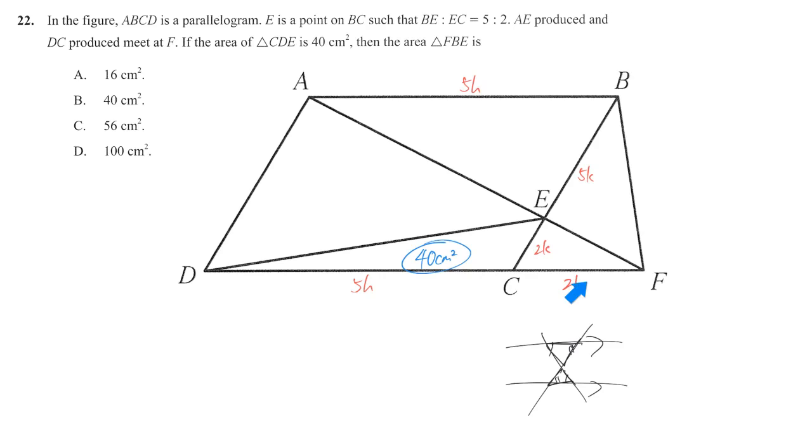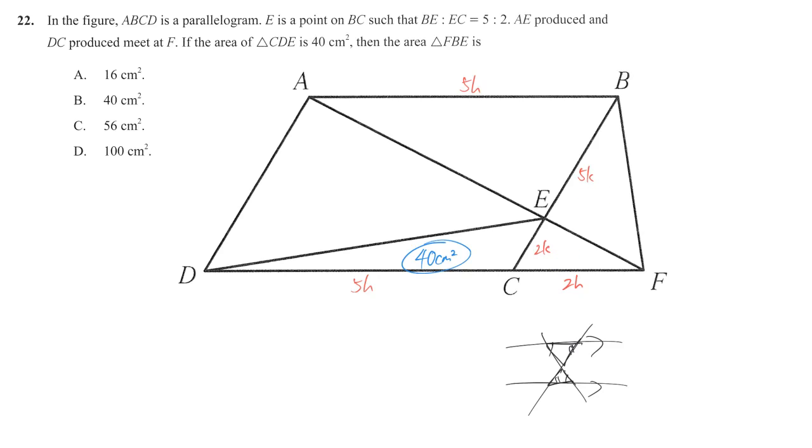Afterward, 5h and 2h here provide the connection between this triangle and triangle CEF, and then triangle CEF can be connected to triangle FBE, which is our target. So first, by doing this, we find this area, and then finally we find our target area.